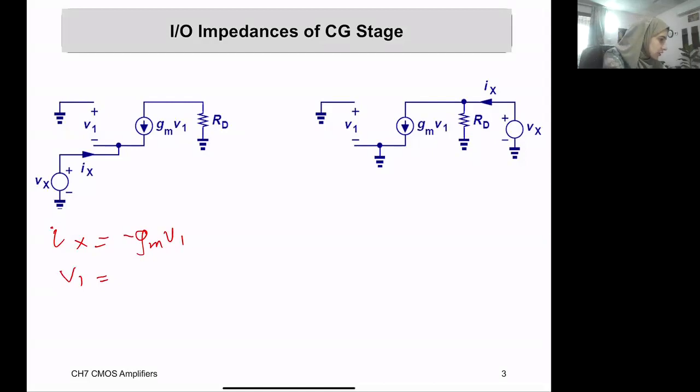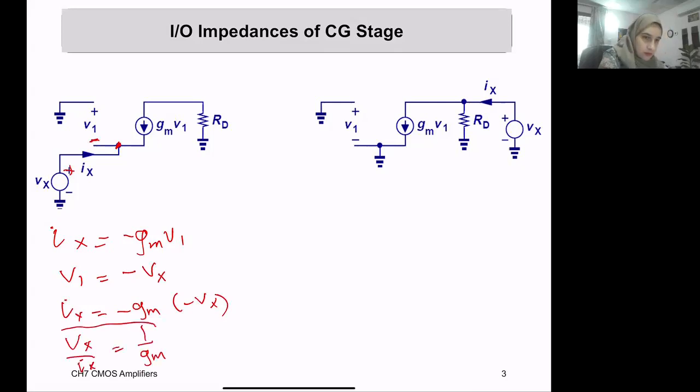They are both from this point to ground, but this is taking a negative sign here and this has a positive sign here. So Vx will equal minus V1, or V1 equals minus Vx. Then I will have Ix equals minus gm multiplied by minus Vx, and therefore Vx over Ix will equal 1 over gm. And this is the Rin of this amplifier.